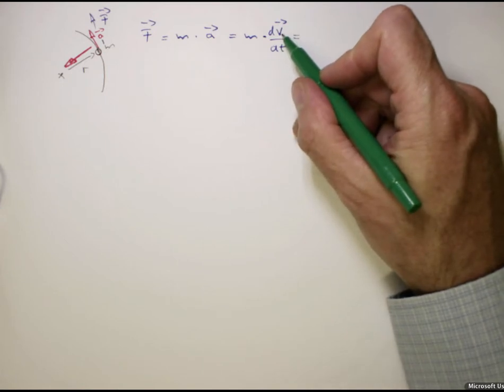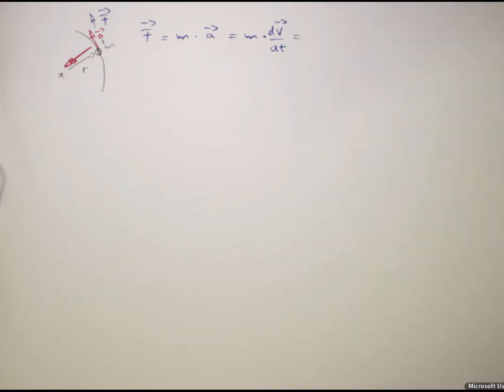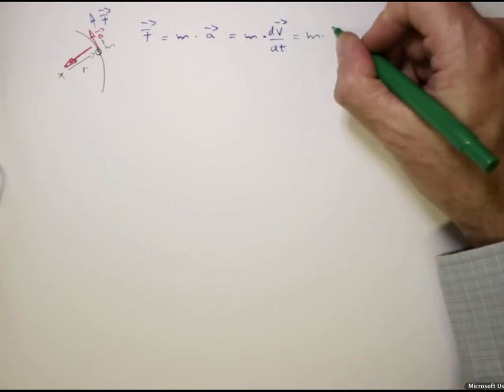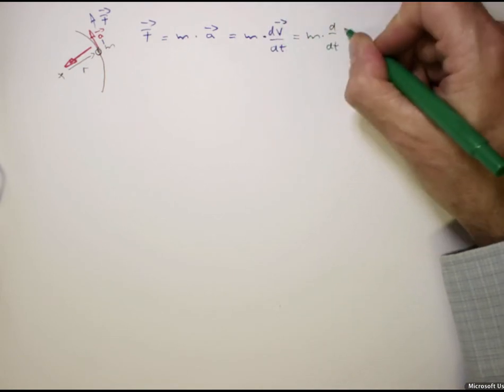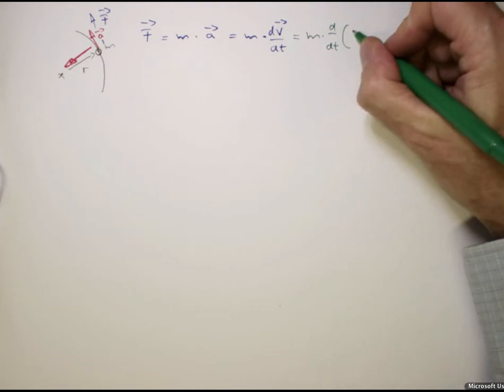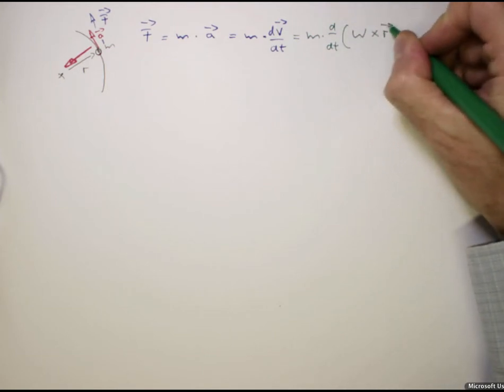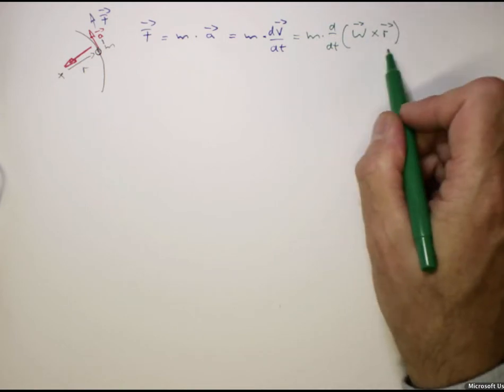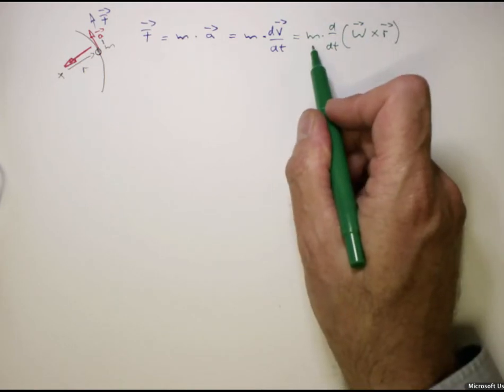So we replace v, the velocity, with its rotation equivalent, and can write m times the time differential of the bracket of omega cross r. And now we have partly rotational parameters.